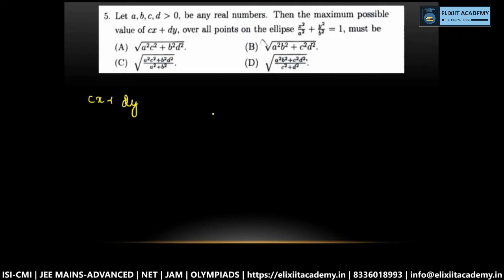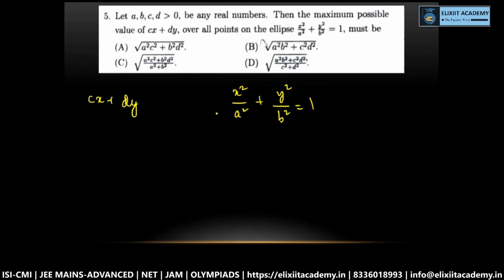Okay, so basically we can get this x and y from the points which are there on this ellipse.